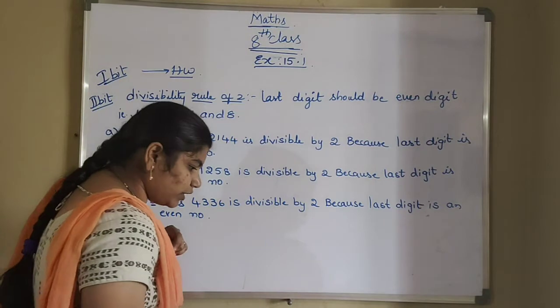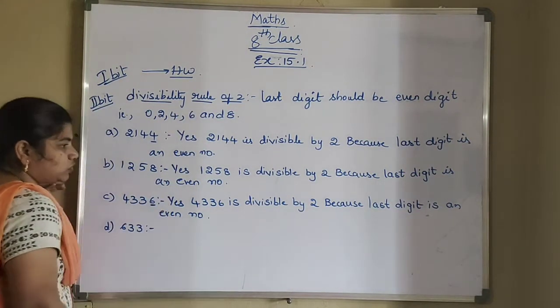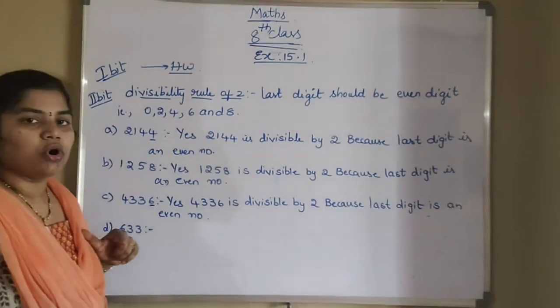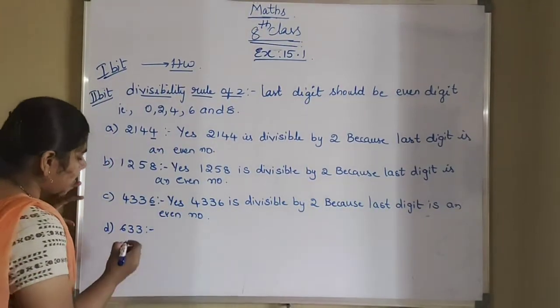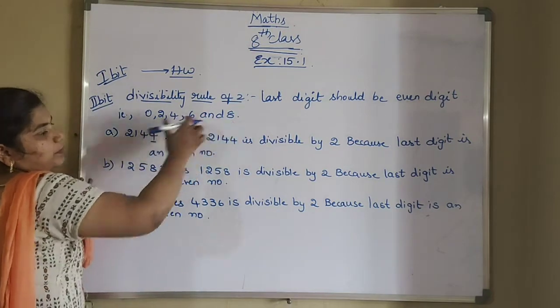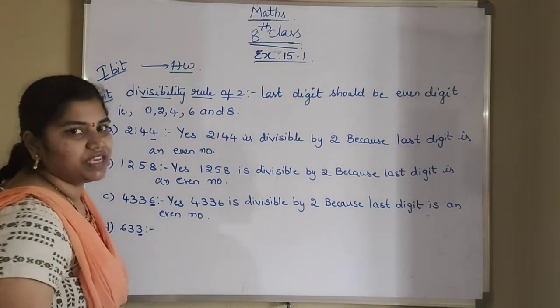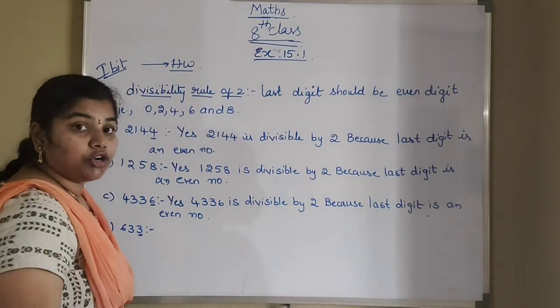Next, D bit, what they have given? 633. So whether this number is divisible by 2 or not, we have to check. So what is the last digit here? 3. So in this set you are not seeing the digit 3. That means 3 is not an even digit. 3 is an odd digit.